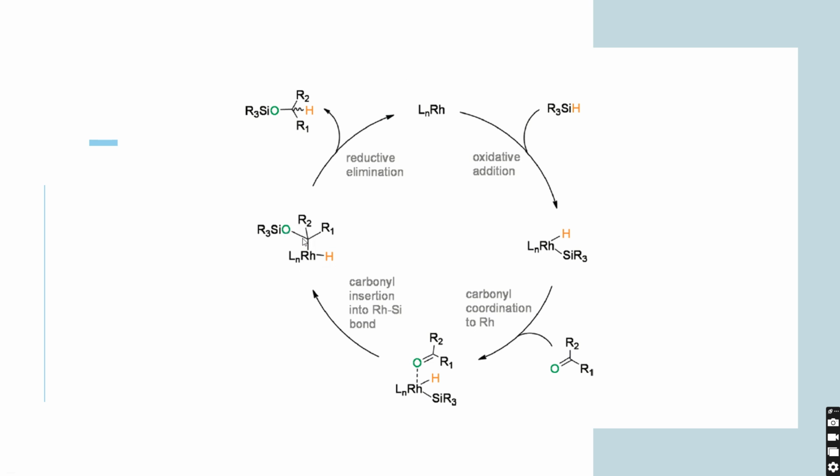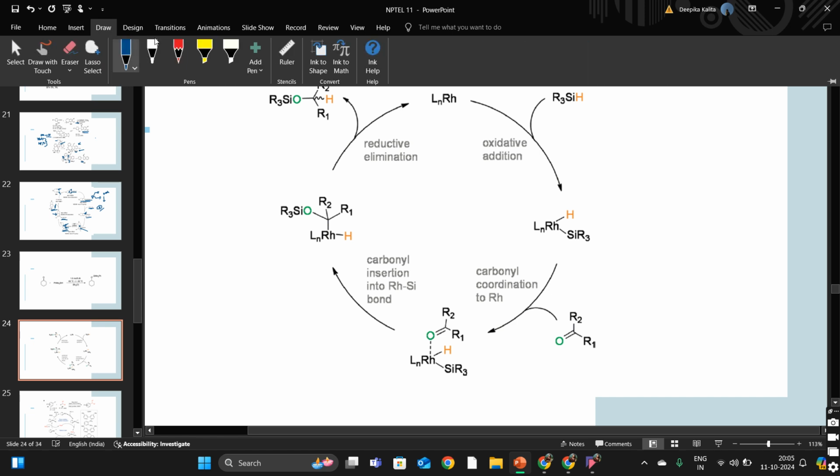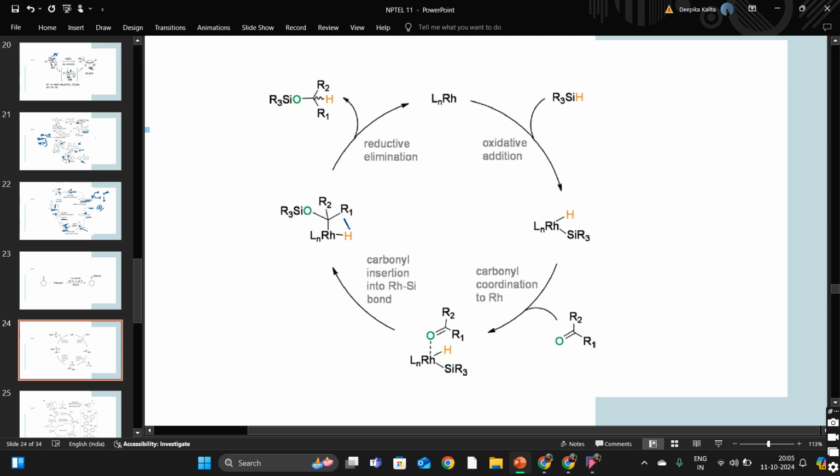And at the end, what happens? Reductive elimination will lead to the coupling between this hydrogen and this particular carbon, and this rhodium catalyst is regenerated. So this is how we get silyl protected alcohol as the final product.